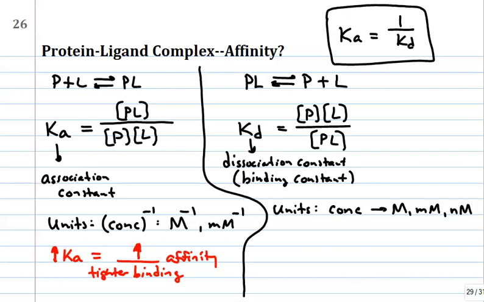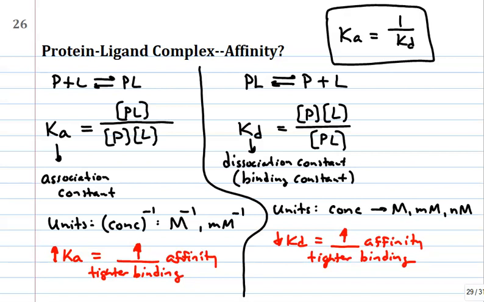All right, and so let's get back to this relationship between binding constant and affinity. The lower the Kd, in this case, we have higher affinity, which means tighter binding.